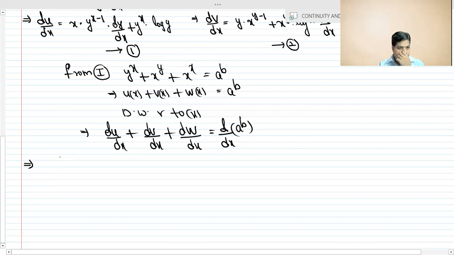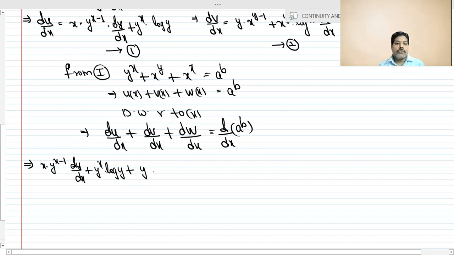The first one is from equation number 1, the du by dx value: x into y power x minus 1 into dy by dx, plus y power x into log y, plus dv by dx.